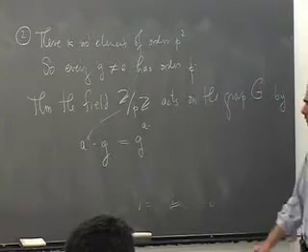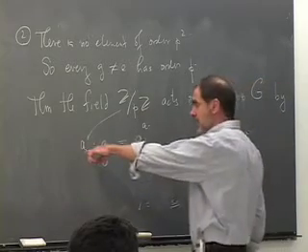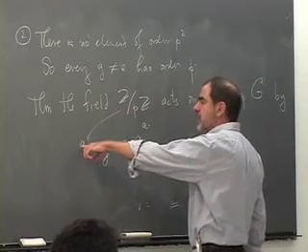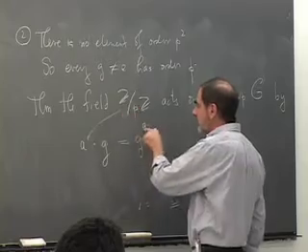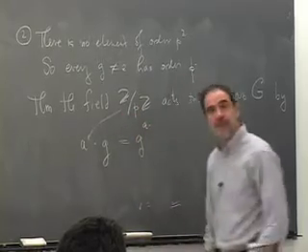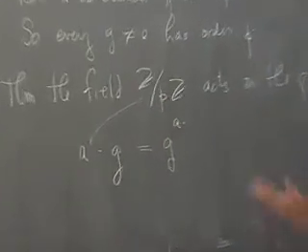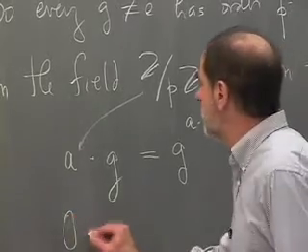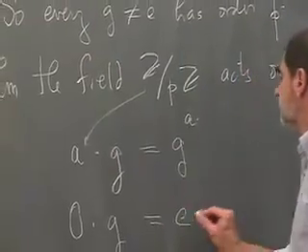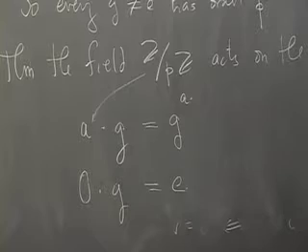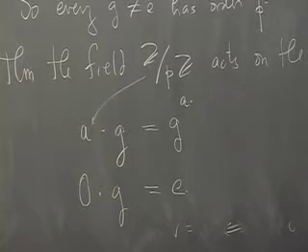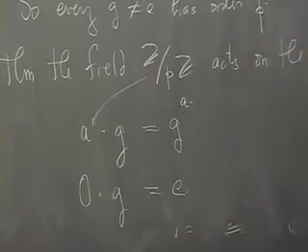And that makes sense because if I multiply by p here, which is 0 in this field, g to the p is the identity element. So you have to understand that 0 times g is e, the identity element in the group. In fact, it's better if you think of this group, which has no element of order p squared, additively.